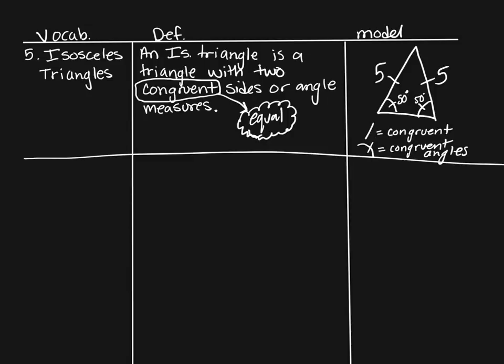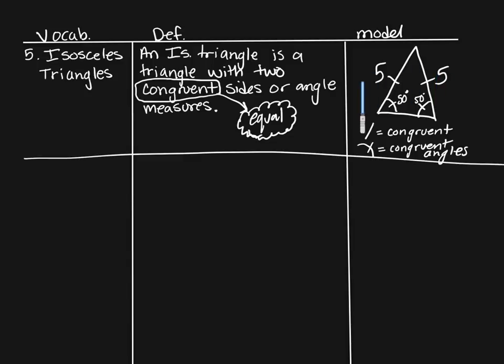An isosceles triangle is a triangle with two congruent sides or equal measures. Sometimes when I introduce you to a vocabulary word, I give you a thought bubble to tell you what it means in another word. Congruent is just another word for equal or equivalent. Here we have an example of an isosceles triangle, a triangle that has two equal sides.